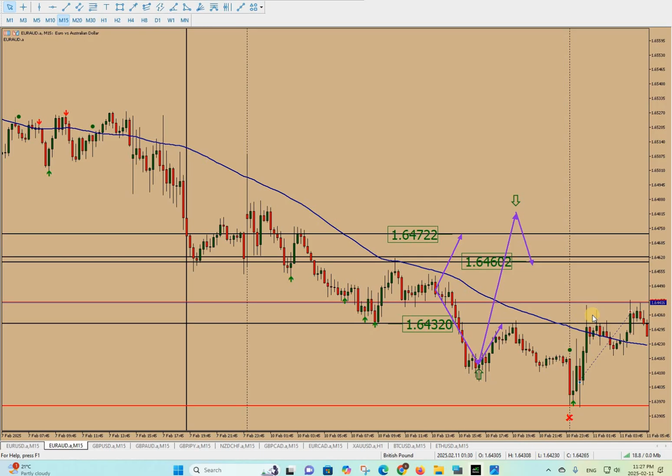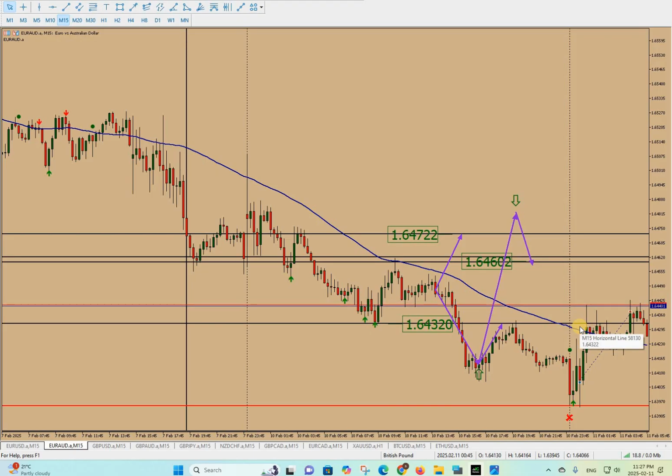That's why the platform automatically doesn't close the trade. If we are on the trade, we can close it manually. If you are not at the computer, if you leave it with profit and stop loss, then the platform would automatically close it.